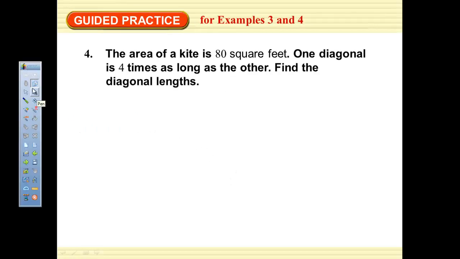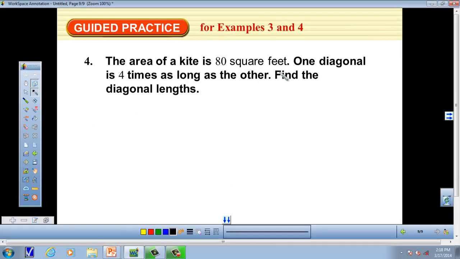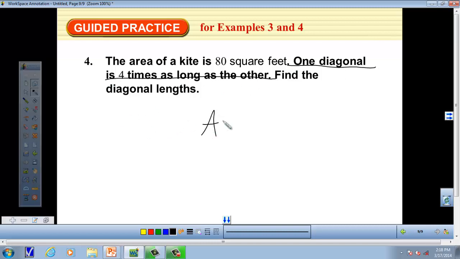Here's another one. We have a kite where the area is 80 square feet. This time one diagonal is 4 times as long as the other. So that means, I'm not going to draw a picture this time. We're just going to work it out. Here's our formula. This is 80 here. And over here we would have 1/2.